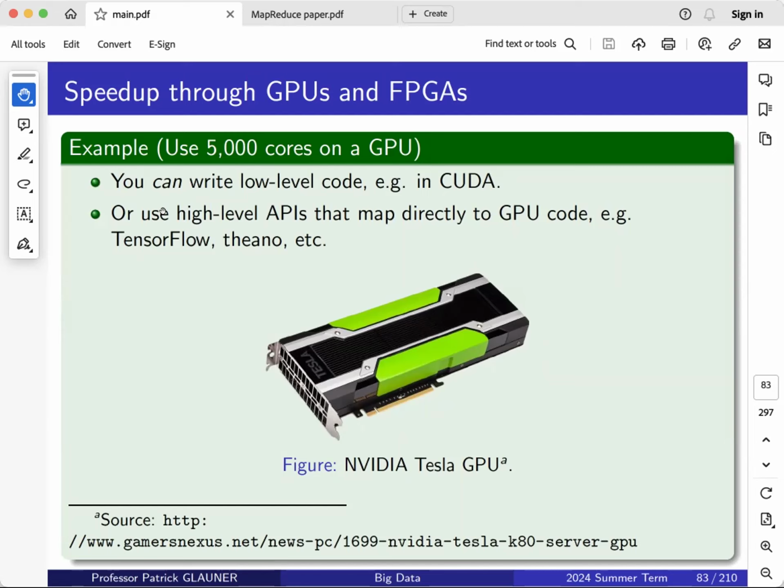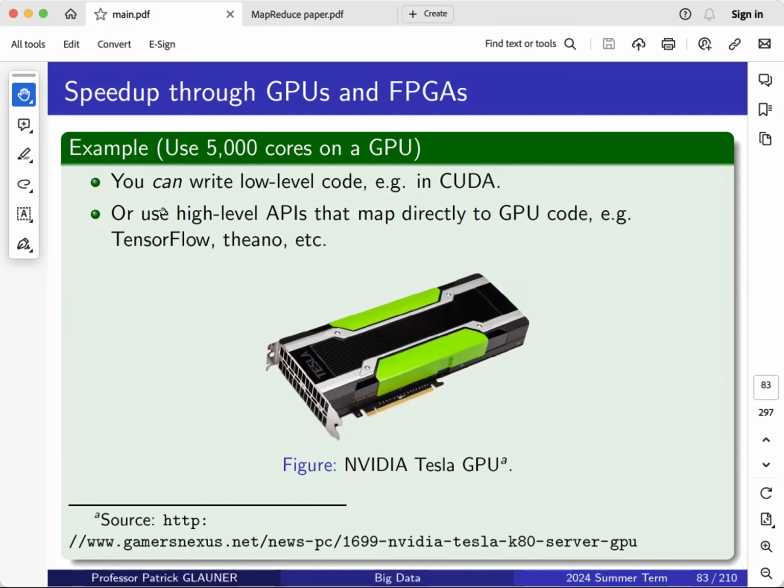And then it was understood, well, if you express all your operations in training a neural network in terms of matrix operations or linear algebra operations, in particular matrix operations, then you can map this to a GPU and massively speed up the training of your neural networks. This is something that started to become popular maybe 12 to 13 years ago. And nowadays, everyone is doing it because it just gives you these massive speedups.